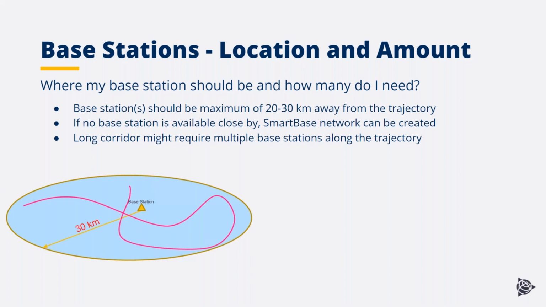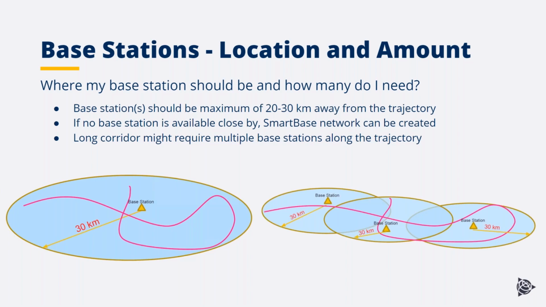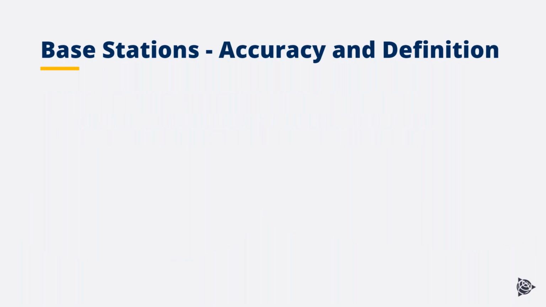So that would be a good way to have a base station. Or on the right side, a long corridor, maybe extending over 100 kilometers, then you would probably need 2 or 3 base stations like this, which are in total covering your trajectory. And that's what we call multi-single base mode in POSPac.